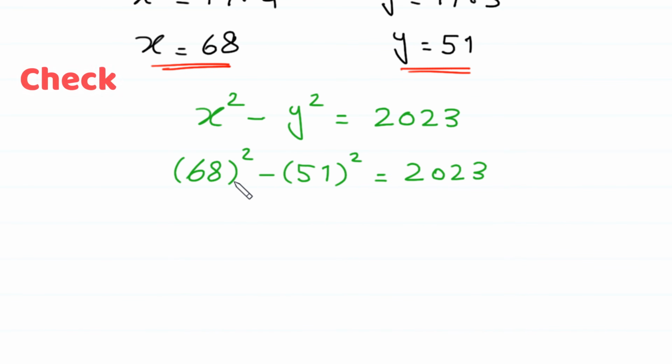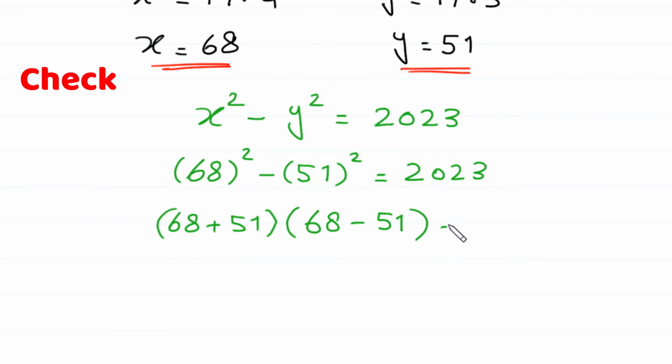This 68 square minus 51 square is equal to 68 plus 51 times 68 minus 51 is equal to 2023. Next, 68 plus 51, 119 times 68 minus 51, 17 is equal to 2023.